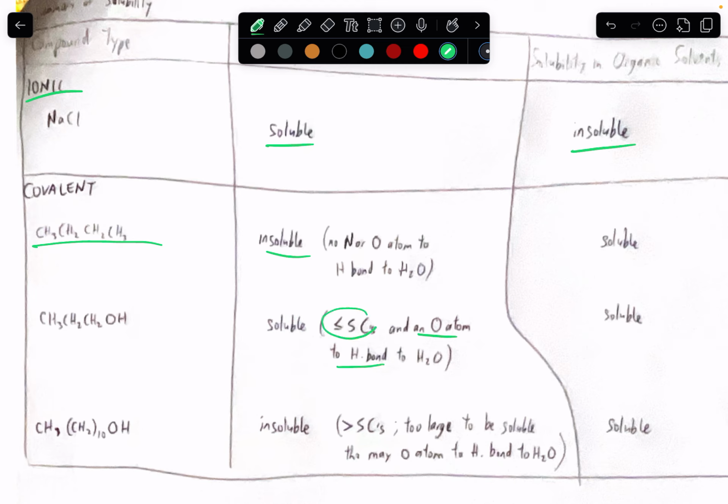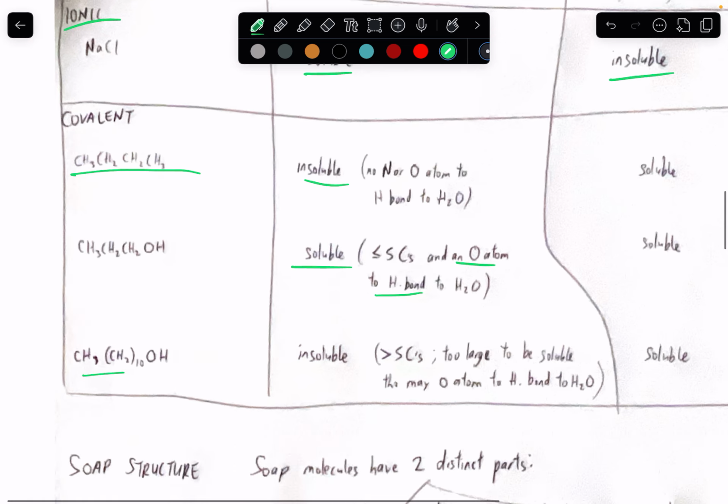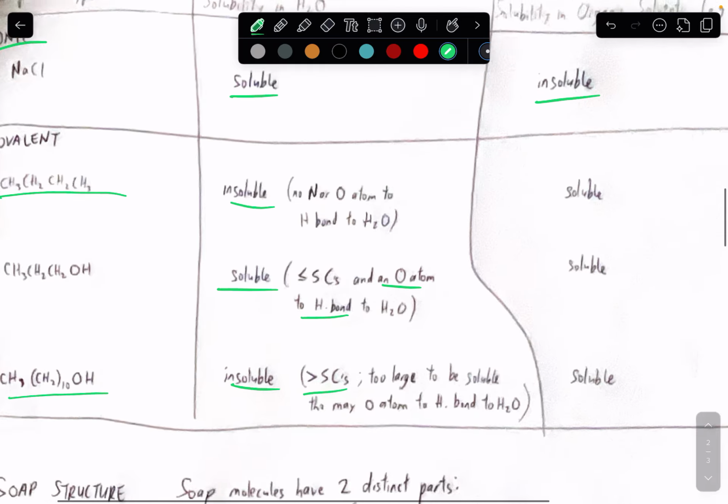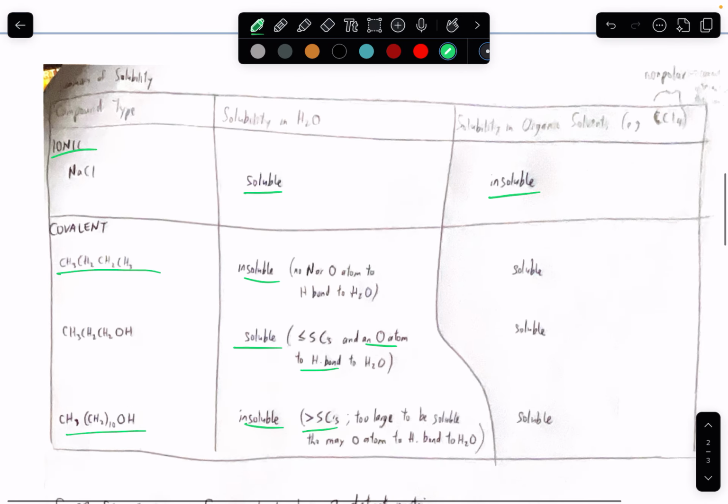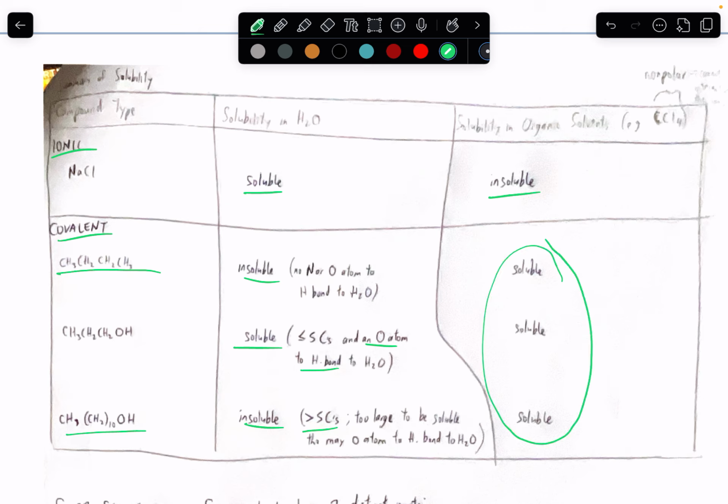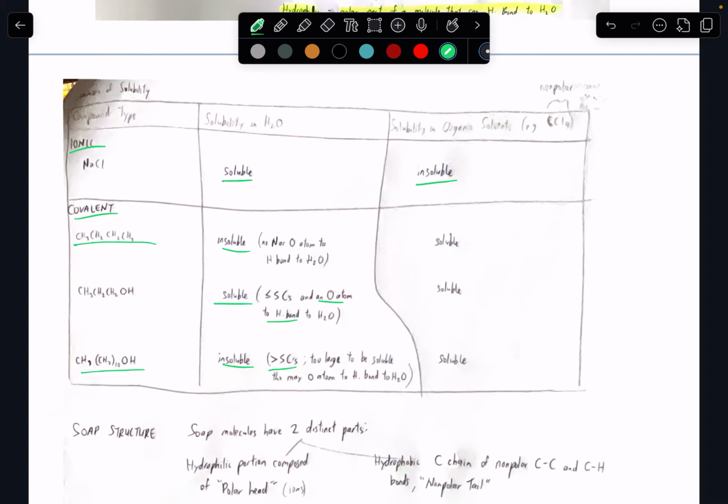And it is less than or equal to 5 carbons, yung compound natin, then it's soluble. Kapag naman sumobra, tulad ng cholesterol, it is insoluble. Because again, it's too large. The number of carbon atoms are too much. But yes, kapag covalent, it's standard na kapag you mix the covalent compound in organic solvent, it's the same thing that would happen. It's soluble in all cases.